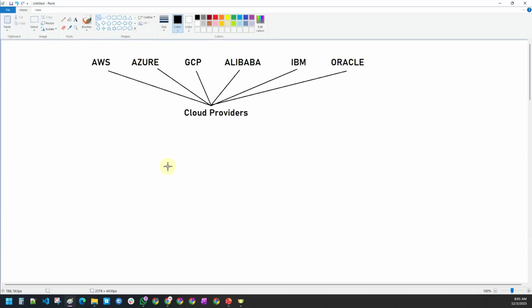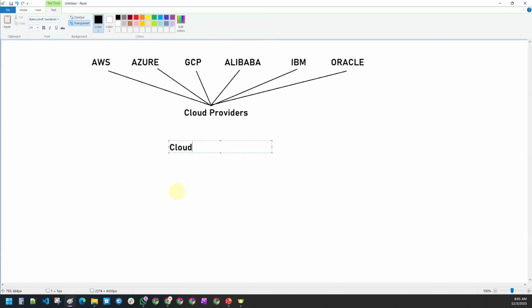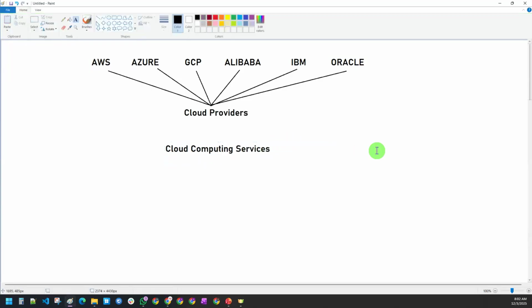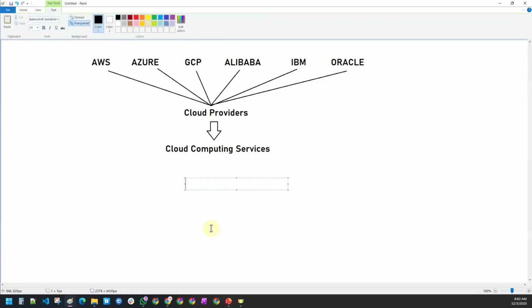Sir, what they provide us, if you ask me, they provide you the cloud computing services for the organizations.